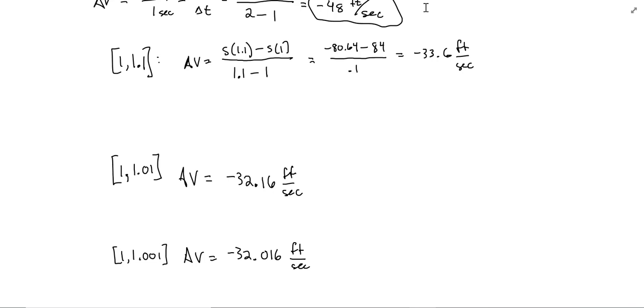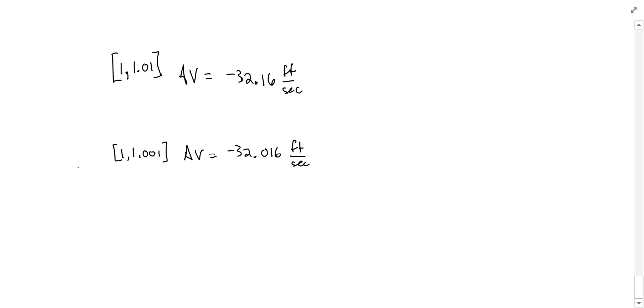Now, what you should think in your mind is that this is very similar to something we've done already. This is similar to the notion of taking f of x minus f of a and dividing by x minus a.